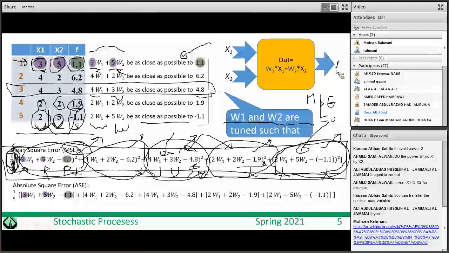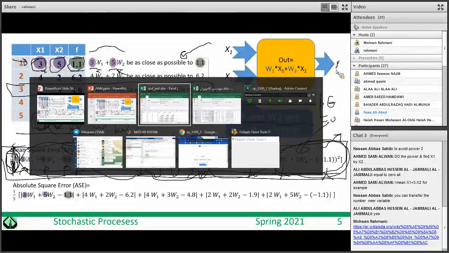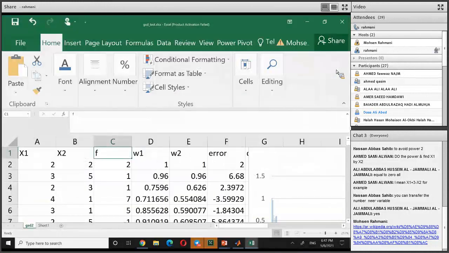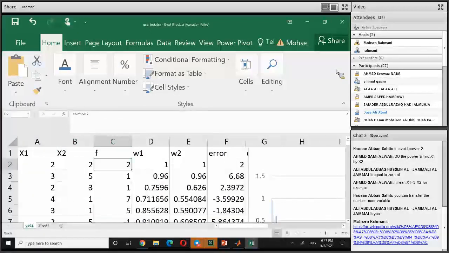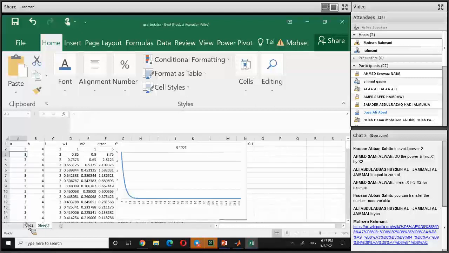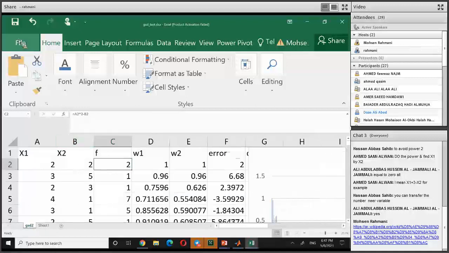We have x1, x2 as input and f as output. And these are the numbers in my Excel.